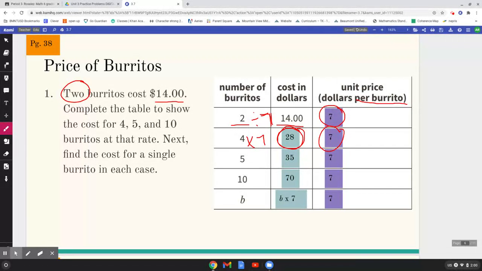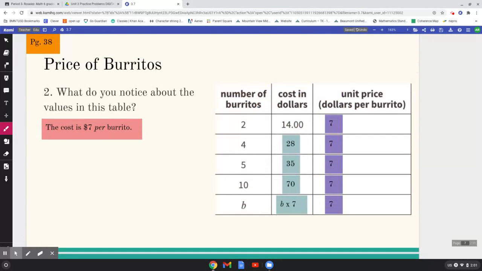On the next row, it's still times 7. They got 35. Times 7, you get 70. And then you fill in the unit price per dollar. Each one is $7. The rule, as you see down here, is whatever the number of burritos is, you times it by 7 to get the cost. So you'll fill in your chart.